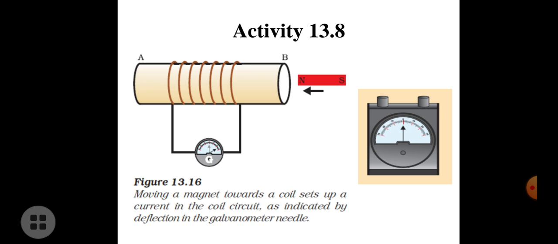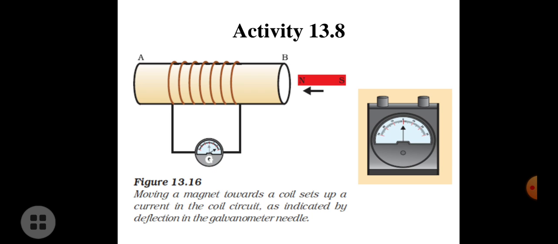Now we have taken a bar magnet and we are moving this bar magnet towards this coil. Let us consider this north pole of the bar magnet is moving towards the coil. As it is moving, we see a deflection produced in this galvanometer. When the needle shows in the middle at 0, it means current is not passing through the circuit.